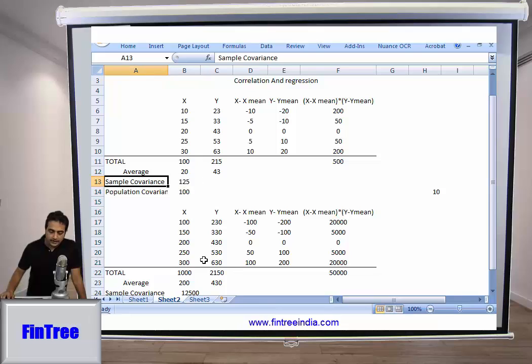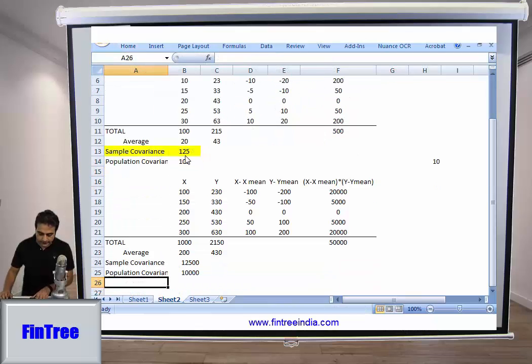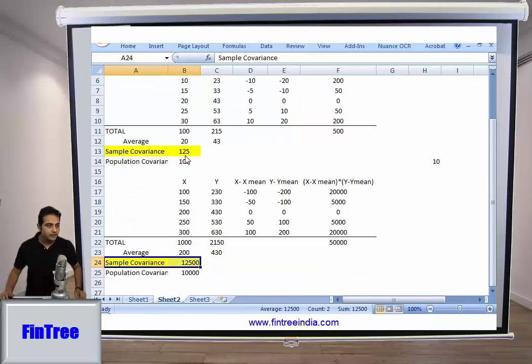However, covariance is not telling us that, because covariance here is 125, whereas covariance here is 12500, which means it is not necessary that if the absolute covariance number is higher, the strength of the relationship is higher. Are you following this? So what point can you write down below this? Larger value of covariance does not indicate stronger relationship.